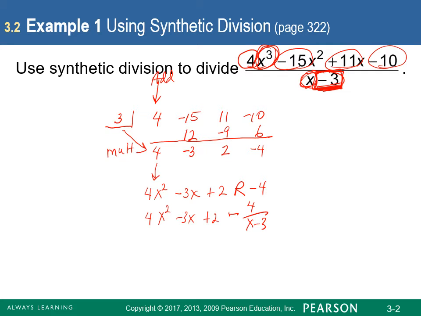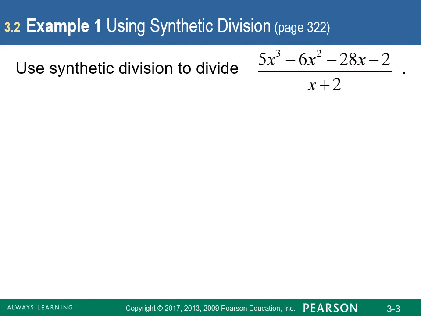Let's try that on a separate problem. Step 1. The number out in front, step 2, for this one, would be negative 2. We draw the line, add, starting here.